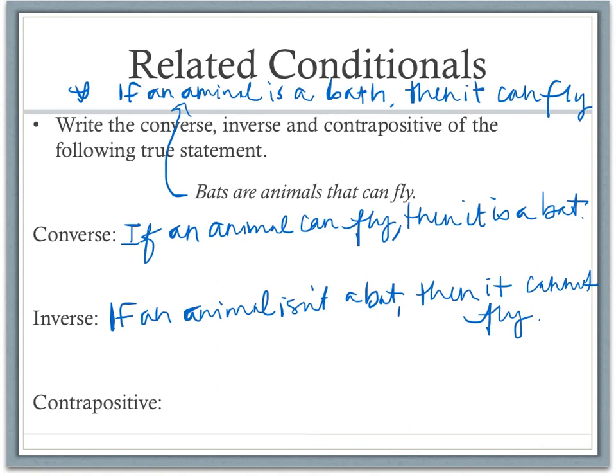So if an animal can't fly, then it isn't a bat.